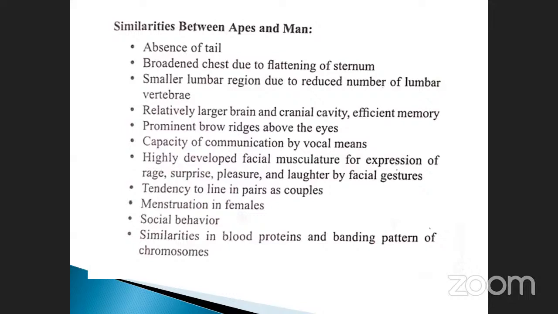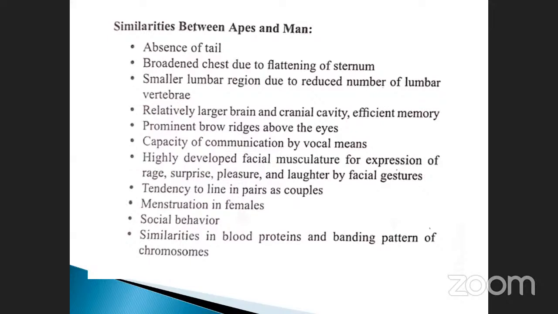Relatively larger brain and cranial cavity, efficient memory. Okay. The ape and man both have a large brain and a cranial cavity. What does cranial mean? Where the brain is housed, there is a small bowl-like structure that is called the cranial cavity.